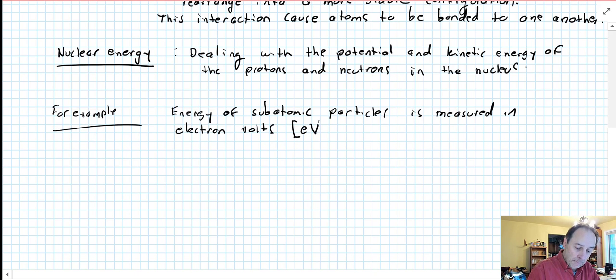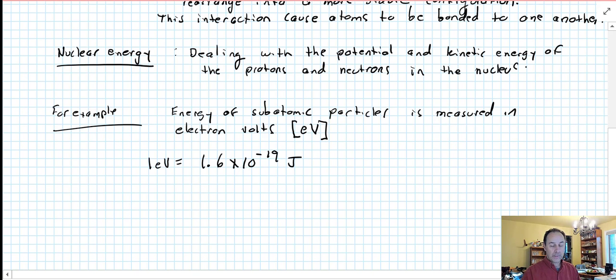E, little e, big V is the symbol for that. So the equivalence for that, 1 electron volt is 1.6 times 10 to the minus 19th joules.